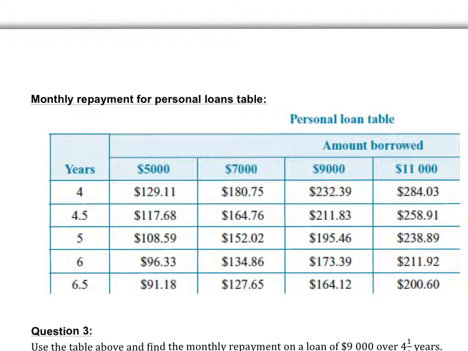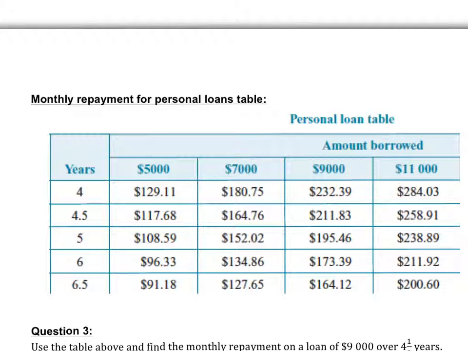Other tables banks use give monthly repayments for loans of different amounts where interest rates usually vary as the term varies. Typically, a loan with a longer period of time will have a higher interest rate, and this would have already been incorporated in the figures shown here. Very easy to use these tables.